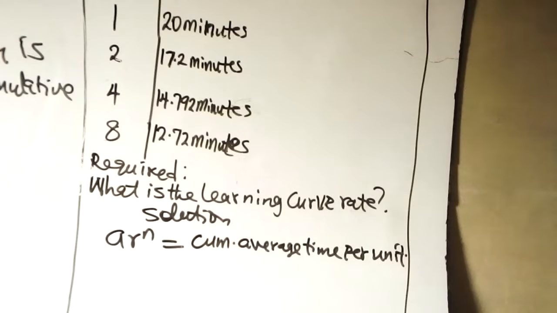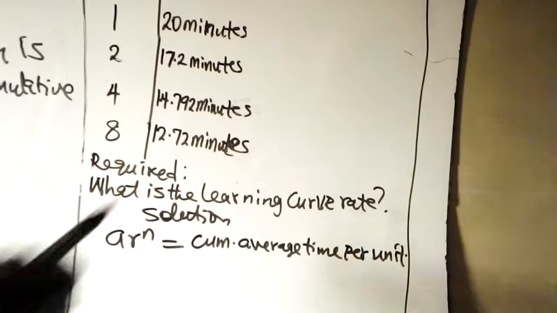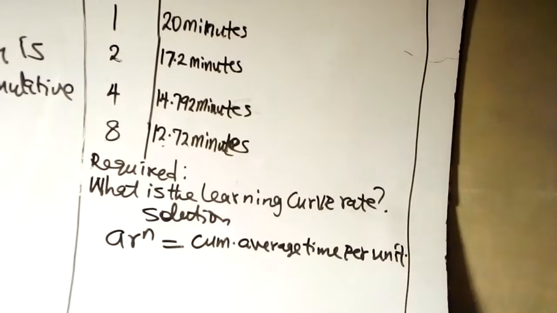The cumulative average time per unit is 12.72, the average time for the total output, which is 8 units.